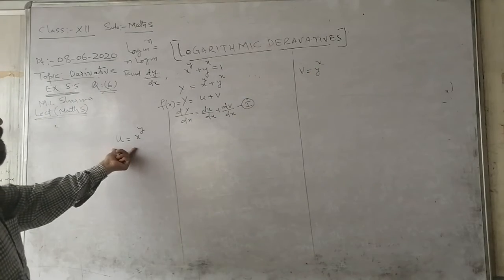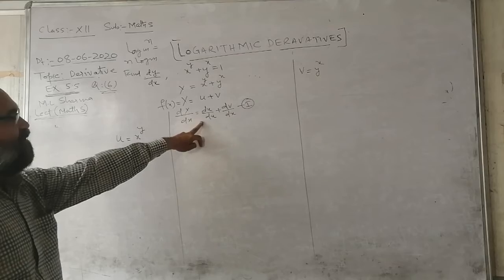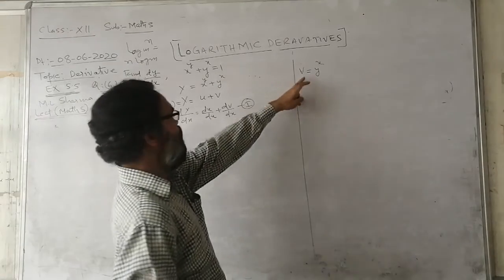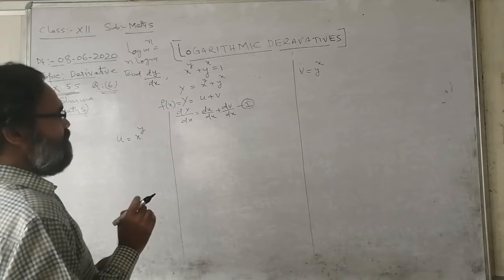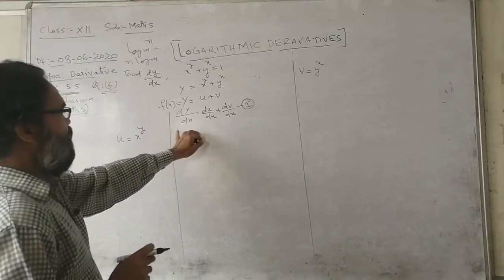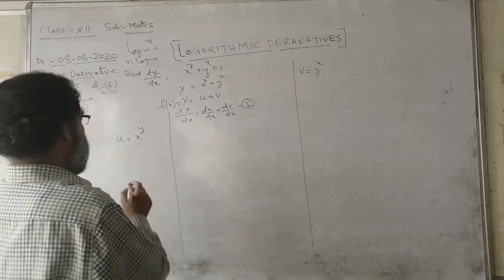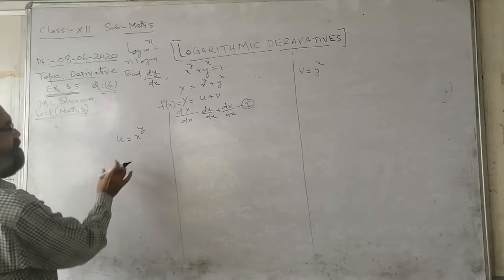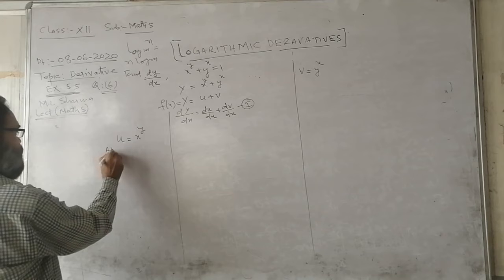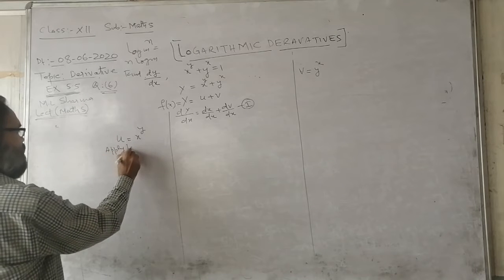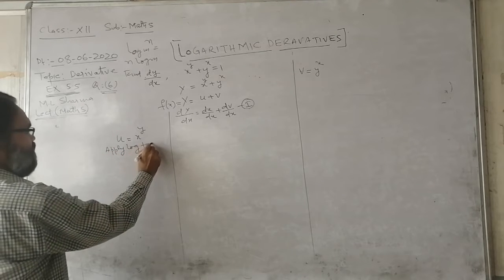So from here I will get du upon dx, and from here I will get dv upon dx, and lastly I will substitute both the values here. I will get the derivative. So first, to solve this, apply log to both sides.